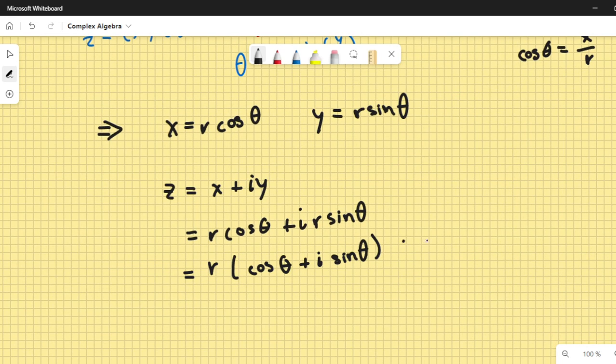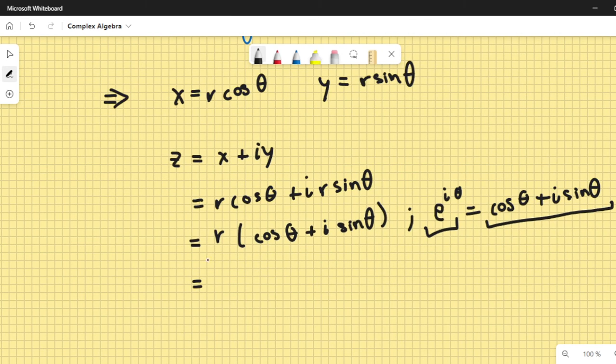This expression, cosine of theta plus i sine of theta, we know, from details that I'm going to omit but you can of course ask me, that it is not suitable for this video: the exponential e to the i theta is actually equal to cosine of theta plus i sine of theta. So this exponential has this exact same expression.